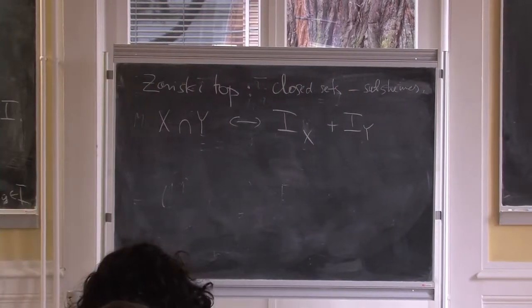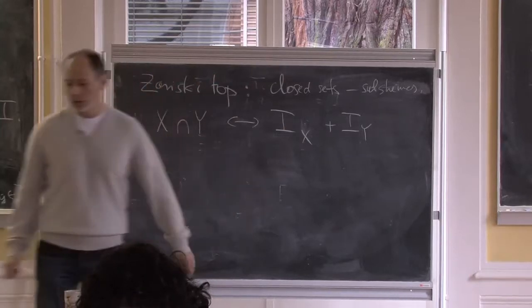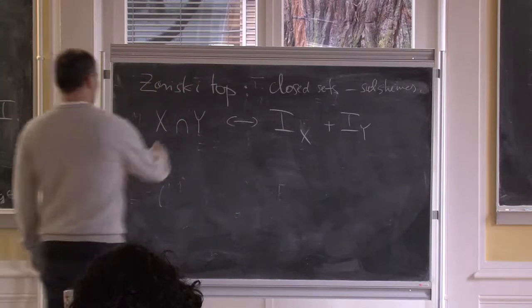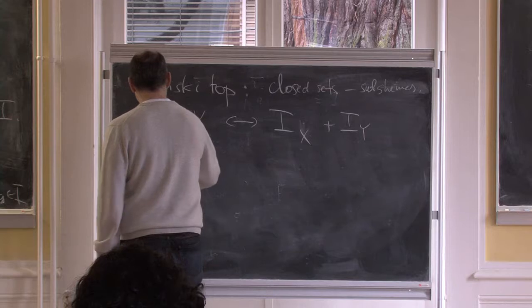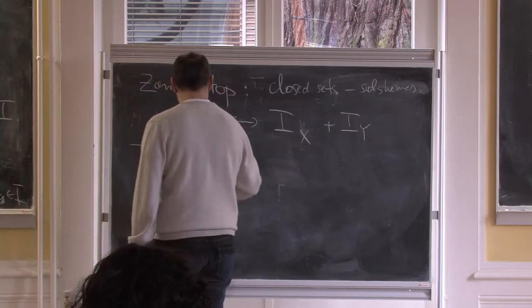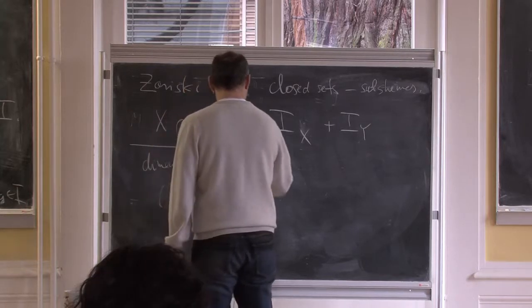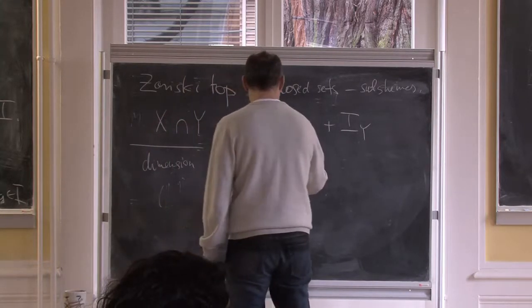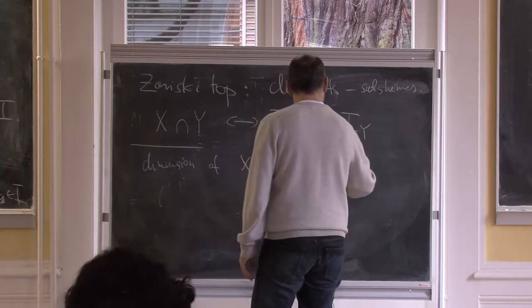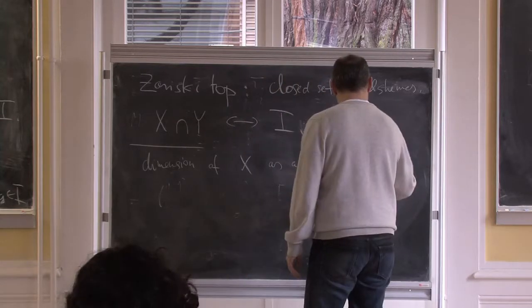Okay, and so the Zariski topology just says that we look at the closed sets, and this also allows you to define the dimension of X. It could be defined, for example, as the length of a chain of subvarieties.